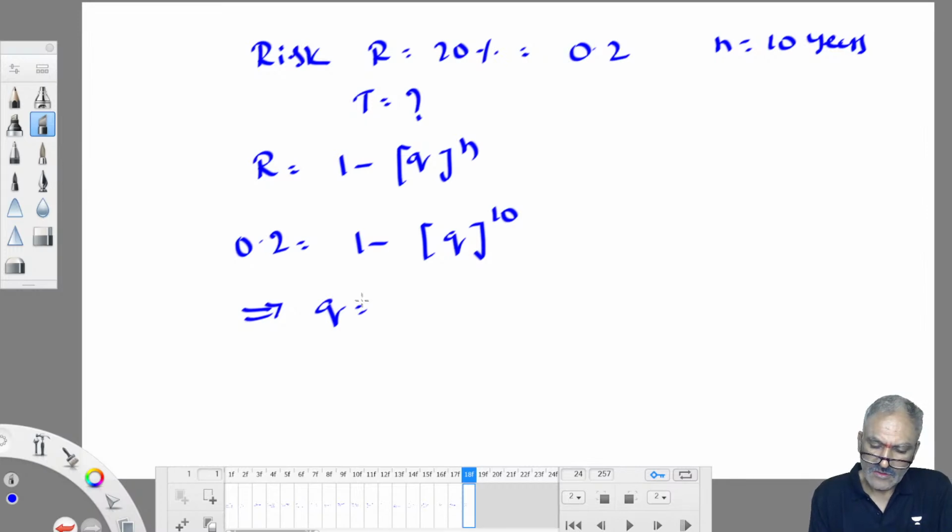So q is equal to 1 minus 0.2, whole power 1 by 10. So it is 0.9779.